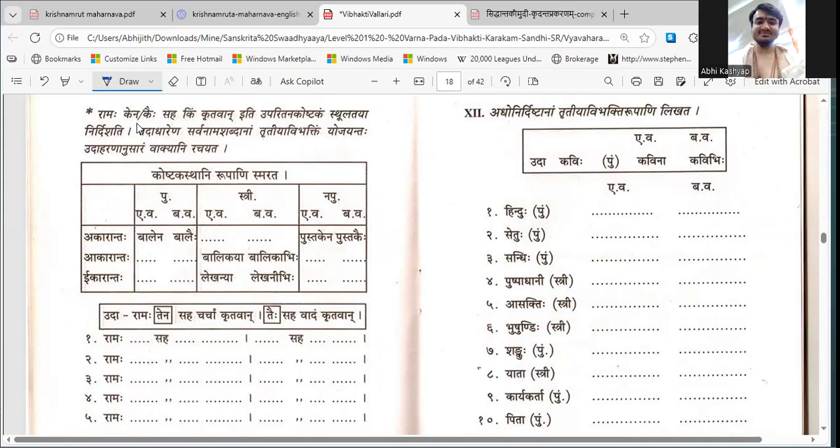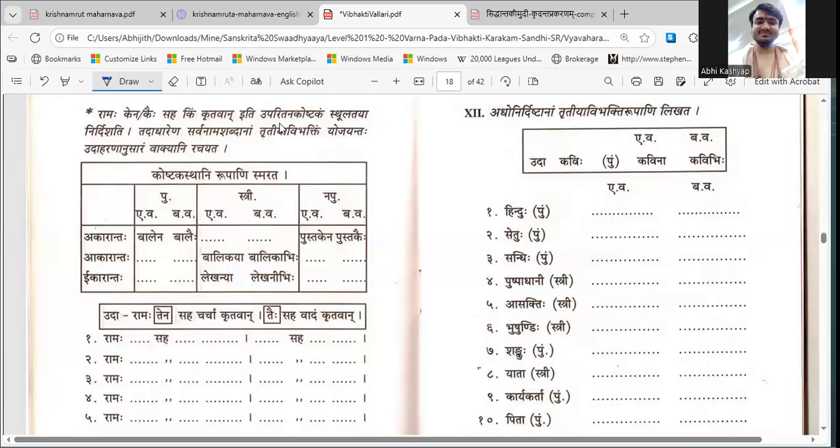You remember the Sarvanama Padas we were looking at. In that, the third form is Ekavachana is Tena. So if they ask you the question is Kena, then the answer is Tena. In the same way, Kaihi, Taihi.